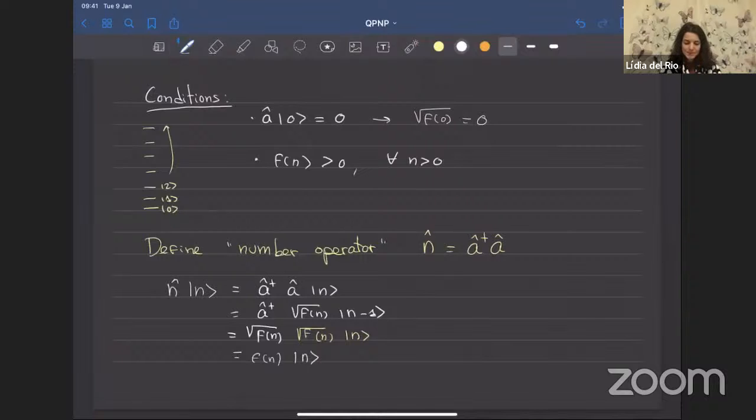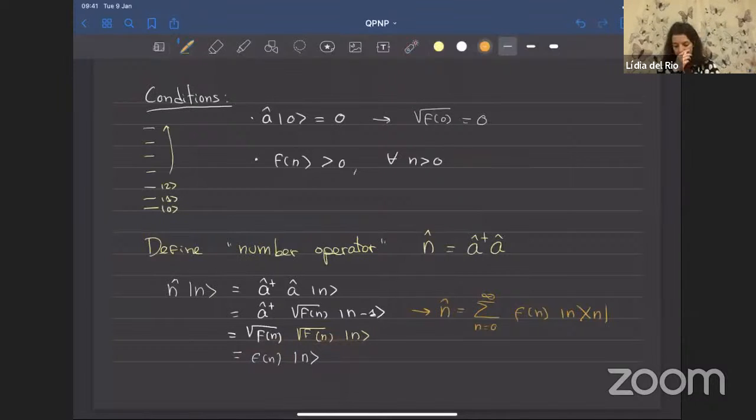Okay. So this means that the states in my ladder are eigenstates of this new operator with eigenvalue f of n, which for now we just say can be any function. This means that we can write this new operator. We just saw it's diagonal in this basis, so it's going to be the sum from n equals 0 to infinity of the eigenvalue and then the projector into the eigenstate.